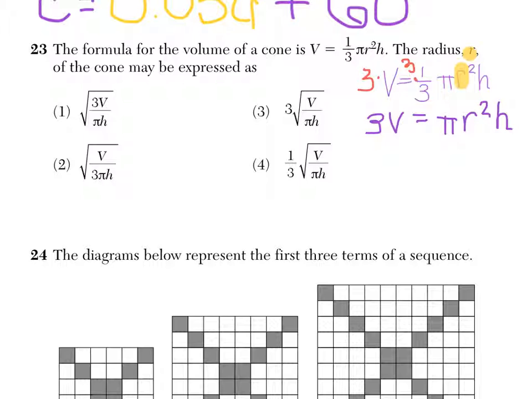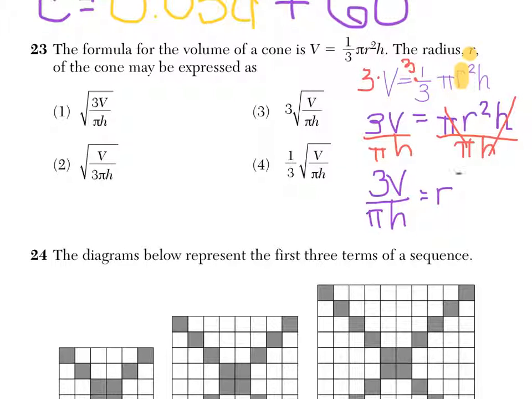Let's cancel out multiplying r squared by both pi and h next. So we'll divide both sides by pi h. Pi divided by pi is 1. H divided by h is 1. I now have 3v all over pi h equaling the r squared.